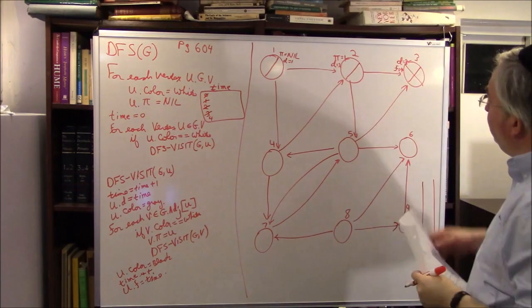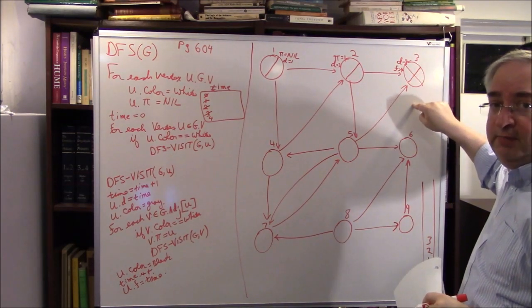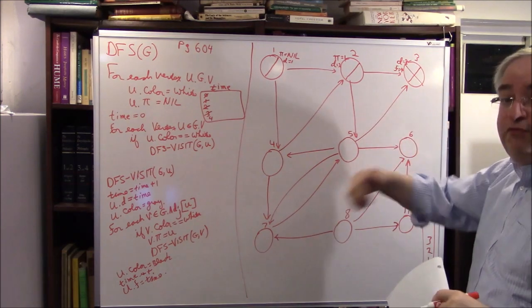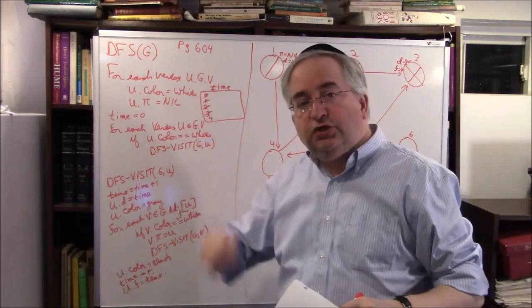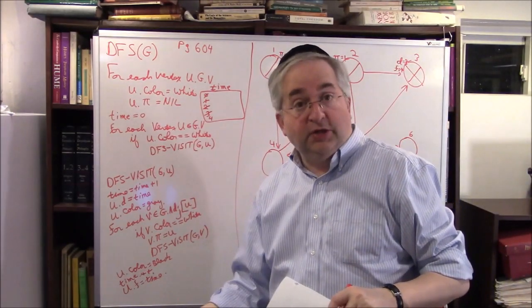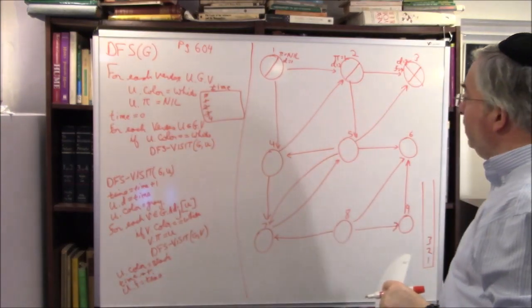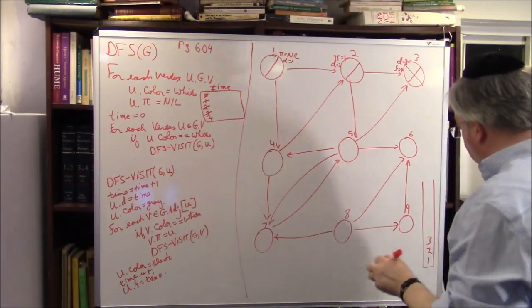So we discovered this node at 3, and we finished it at 4. Why? Because it had no children. If it doesn't have children, we don't have to go further. So again, depth first search, you go to children, children, children until you can't go anymore. If you can't go anymore, then the discovery time and the final time will be 1 apart. Great. I am now finished with 3.